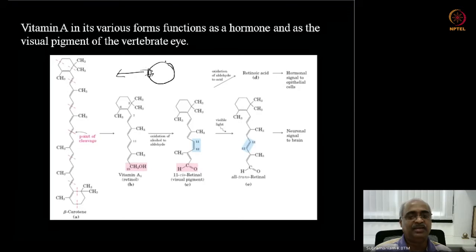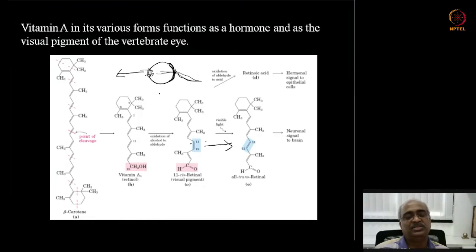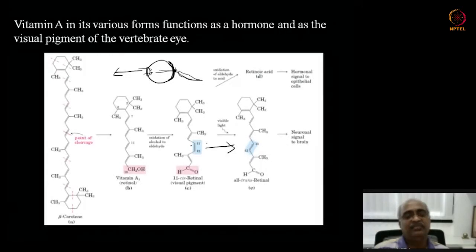At the back of the eye is the retina, and this is where the light falls and activates, and this is where this transformation is happening. Through the optic nerve it goes to the visual center in the brain, and there this basically generates a signal, an electric signal in the optic nerve.